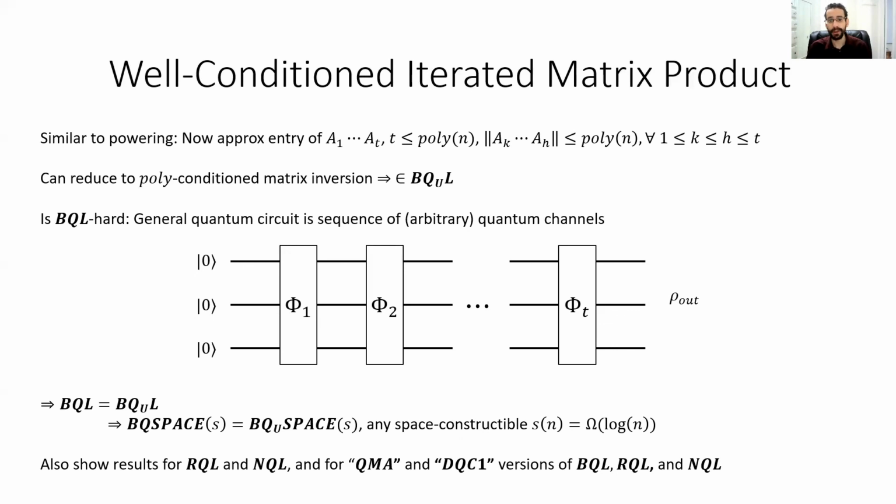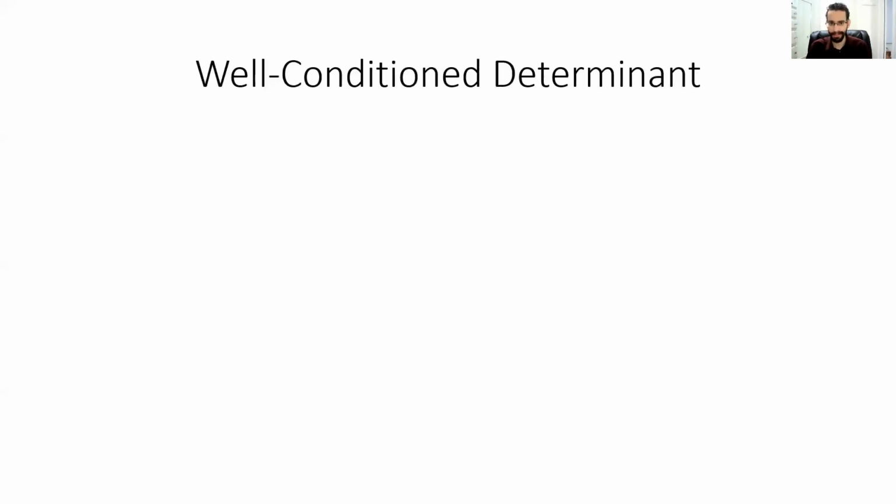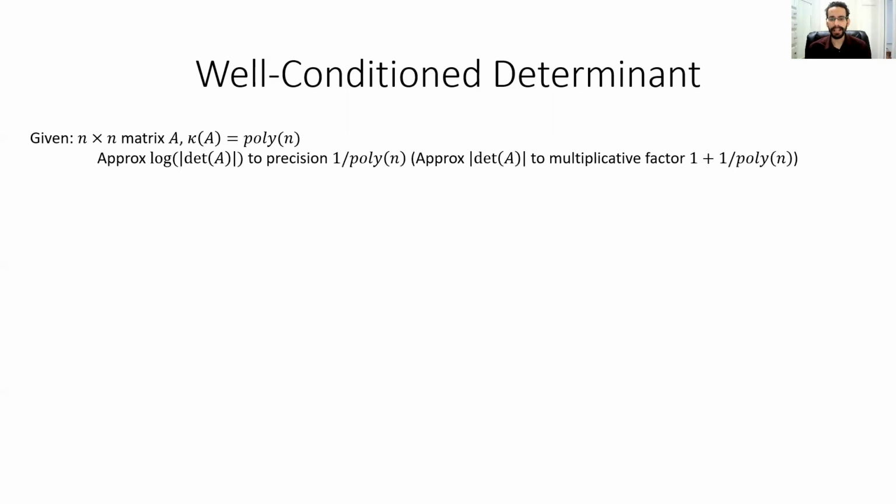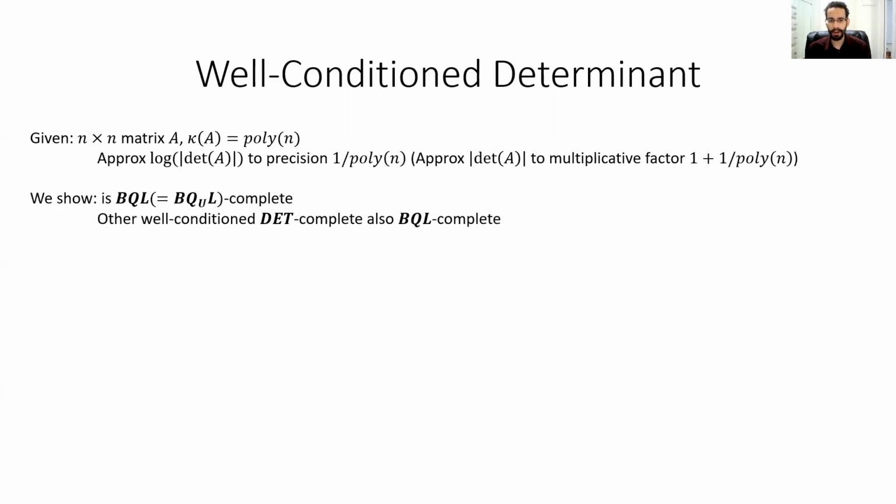I'll conclude by talking about the well-conditioned determinant problem. Here, we're given a polyconditioned matrix A, and we're interested in approximating the log of the determinant of A to inverse polynomial precision. We can show that this problem is BQL complete, and more generally, we can show that the polyconditioned versions of all of the standard DET complete problems are BQL complete.